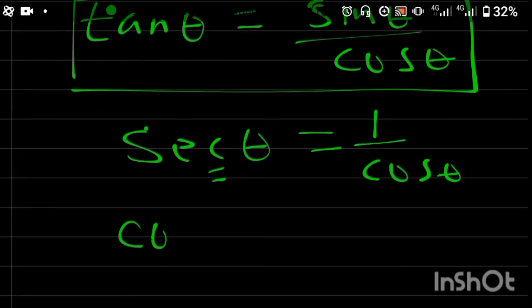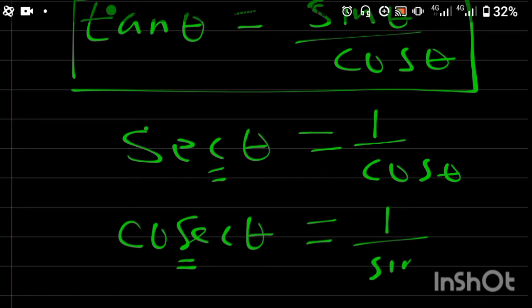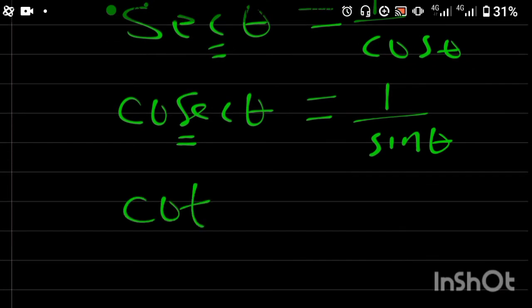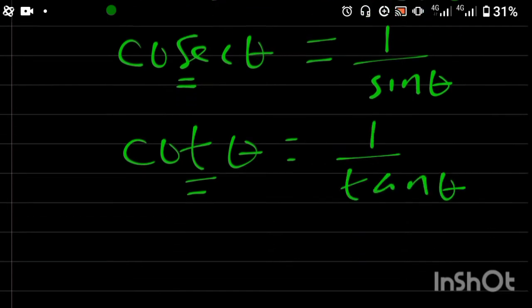And cosec theta, this is what will make you remember all these relationships more easily. The third letter is S, which stands for sine. That means cosec theta is equal to 1 over sine theta. Then cot theta, the third letter is T for tan, so it is 1 over tan theta.